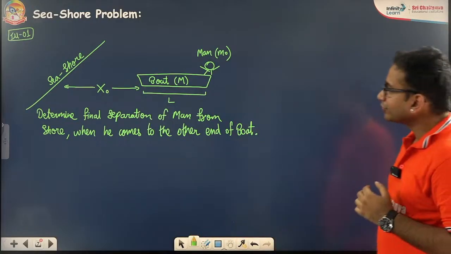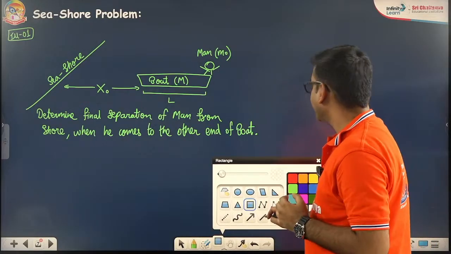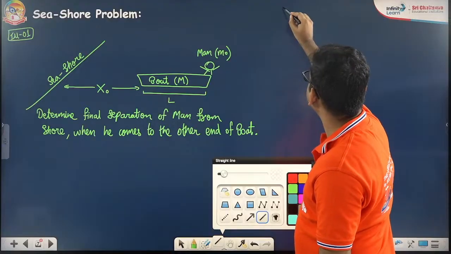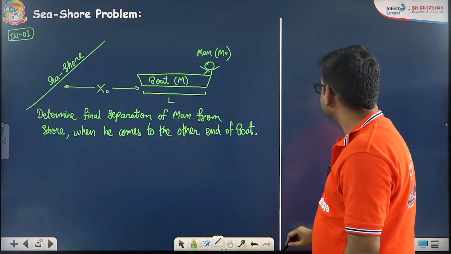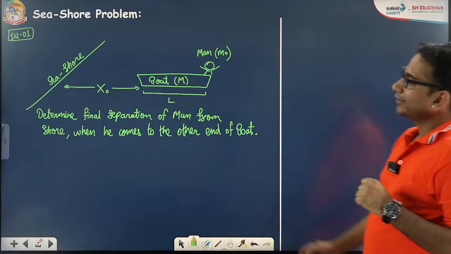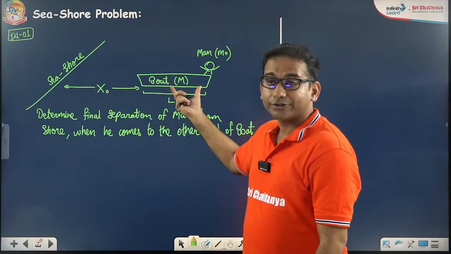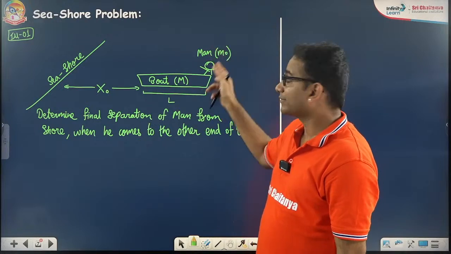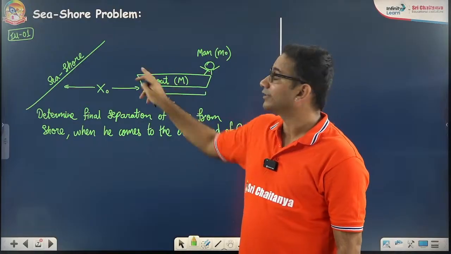That there is a seashore over there, and I'll also take another illustration for your convenience. So here, that's the seashore over there, x0 separation. There is a boat of mass m. The person is standing on one side, of mass m0. Now the person starts walking on the other side.